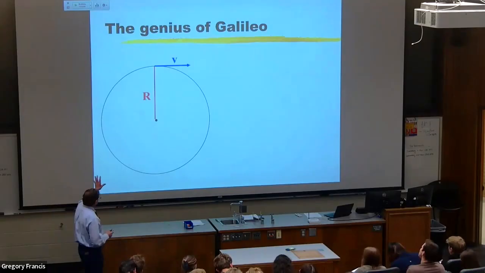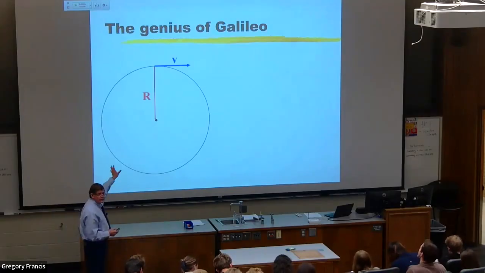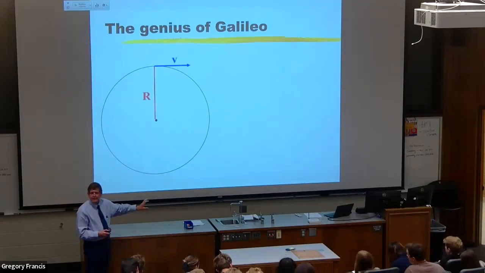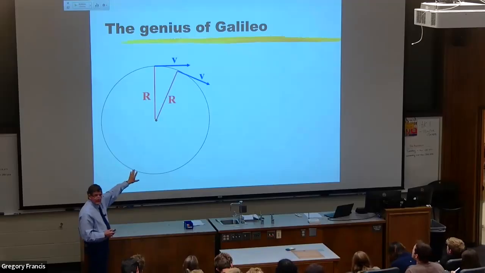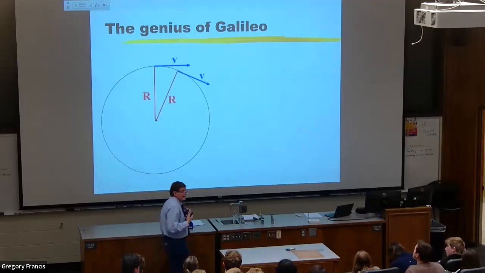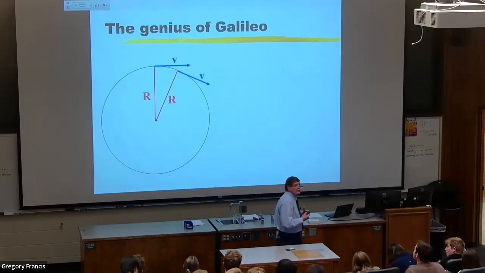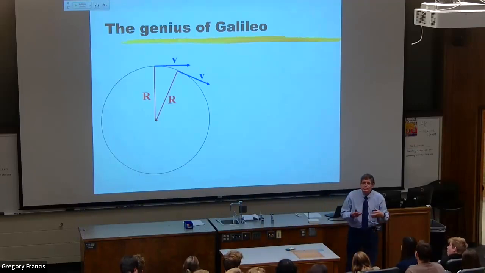He said, suppose something's going in this circle at some constant speed, not velocity, but constant speed. And at noon, that object is right up there. And a little bit after noon, it's moved over there. Now, Galileo understood that acceleration is how much the velocity vector changes in a unit of time.